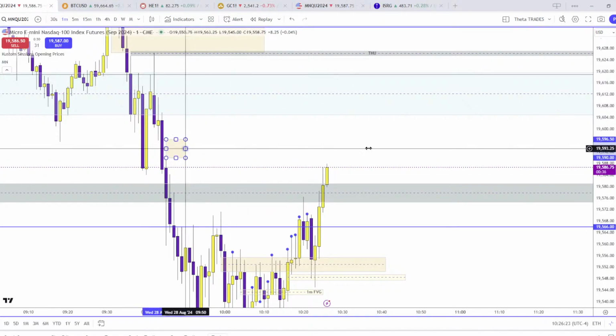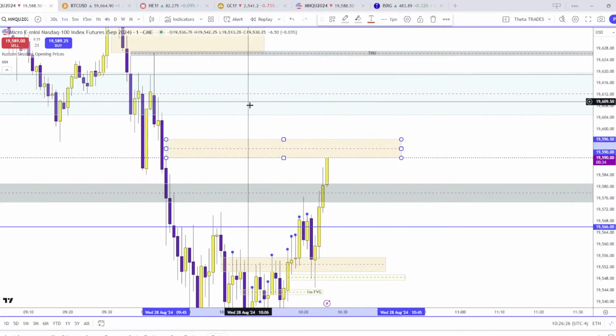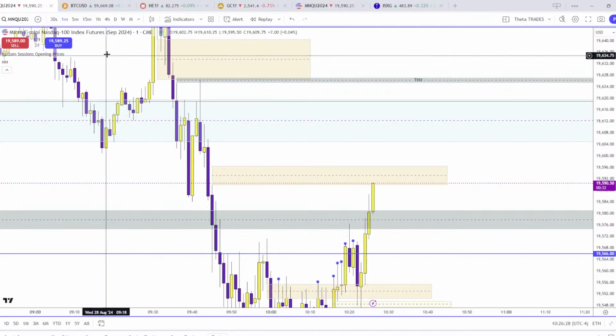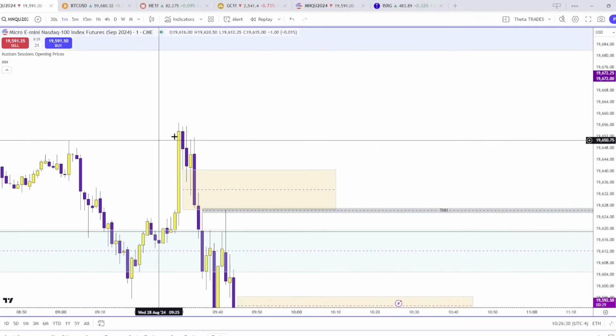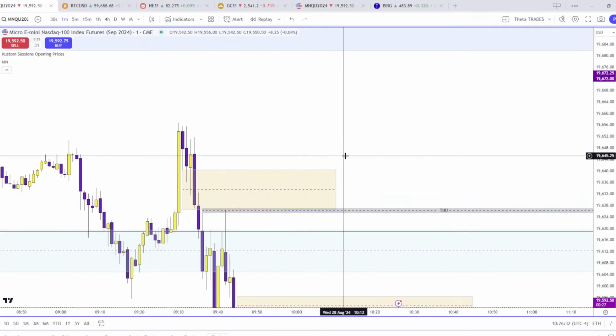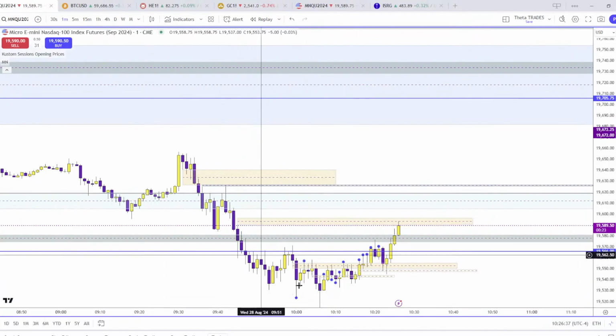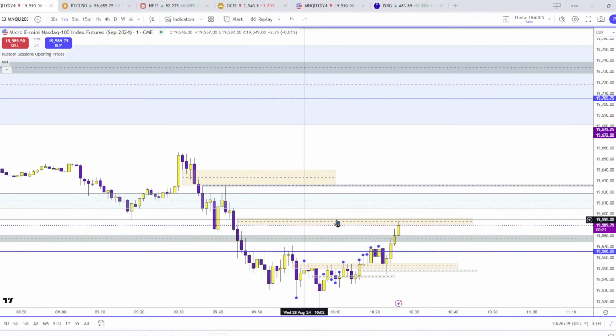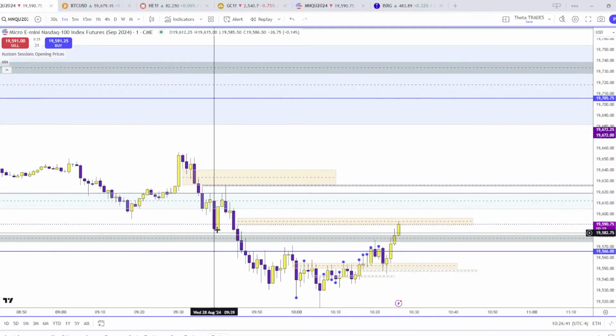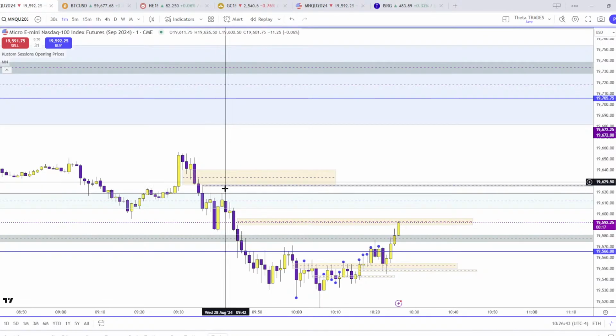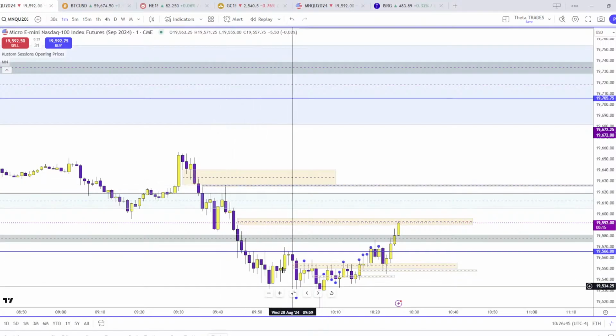Now we want to see it get through here. Now are you looking for this fun stuff up here? This is the premium array. Inside this larger range, I want to see it get through here because that's internal range liquidity, between here and here right now.